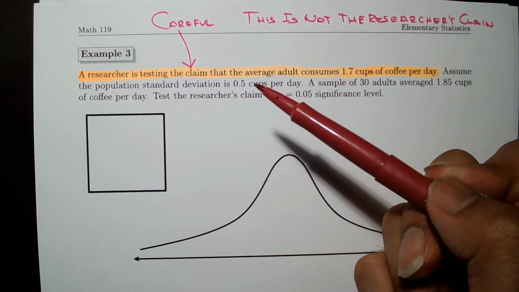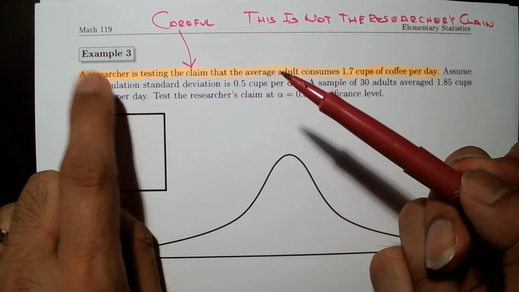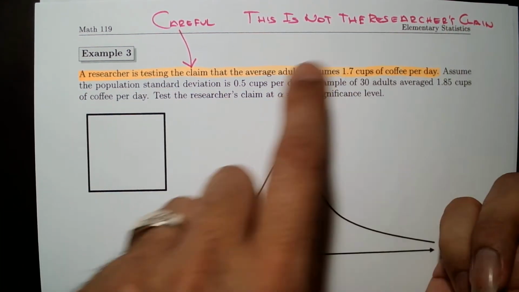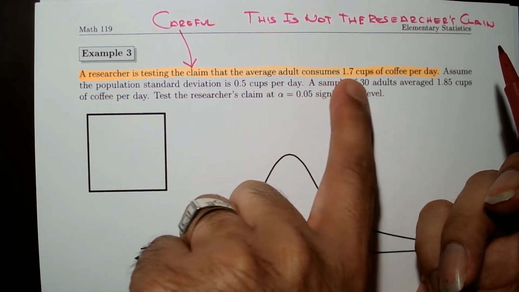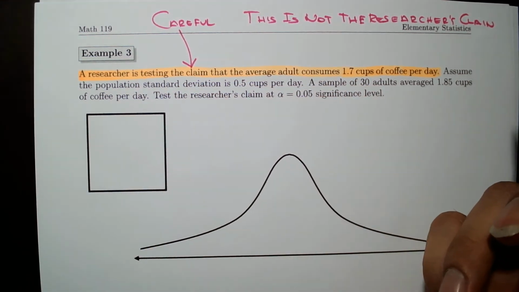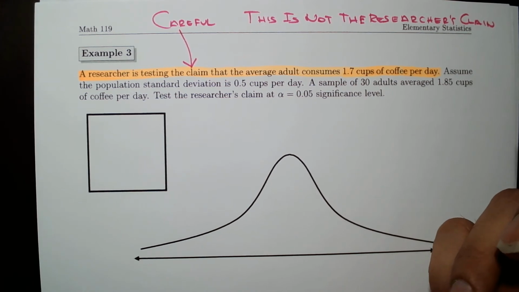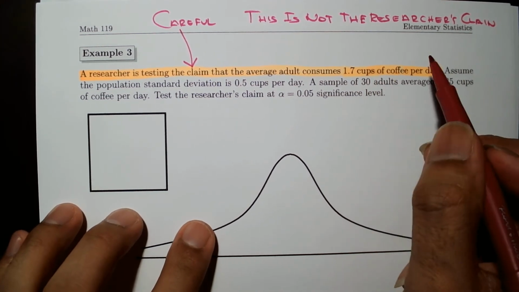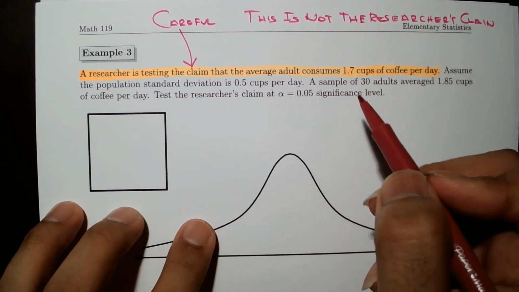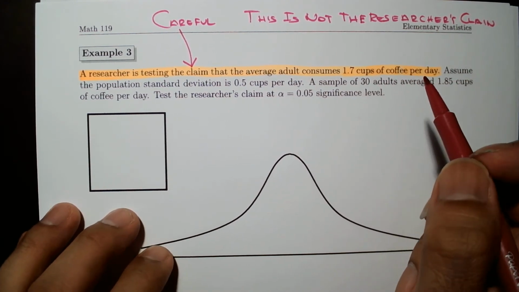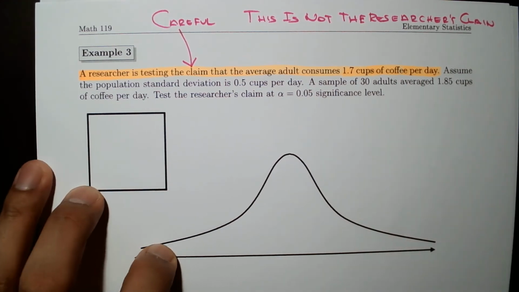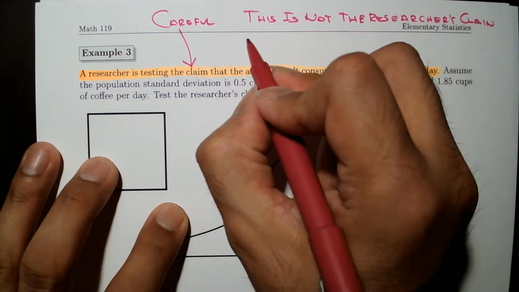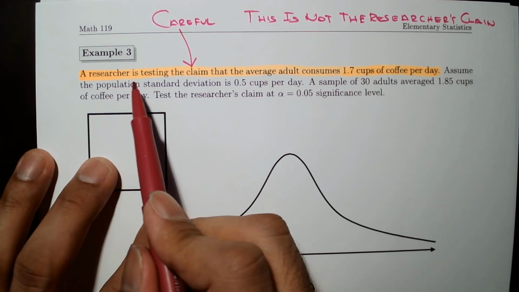Let me repeat that again. This is not the researcher's claim. This is a researcher testing the claim that someone else said, not him. This is going to be very, very important when stating the null hypothesis and the alternative hypothesis.